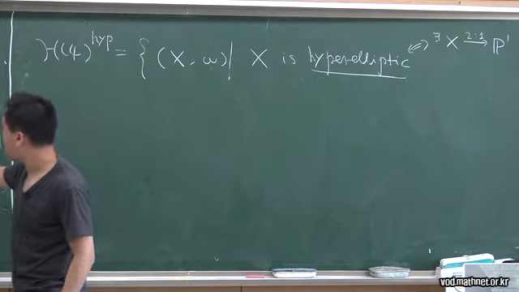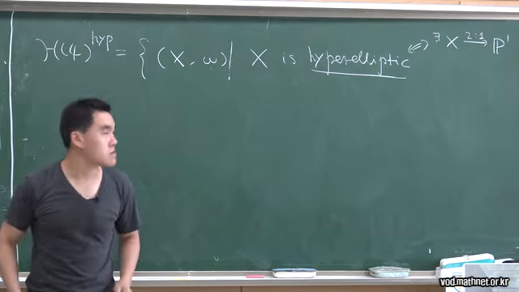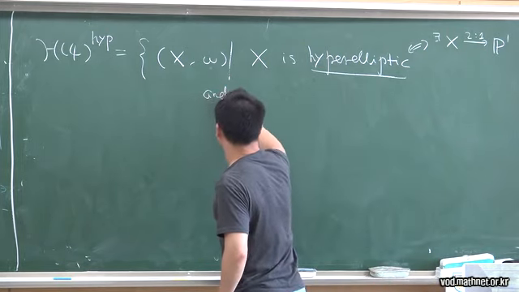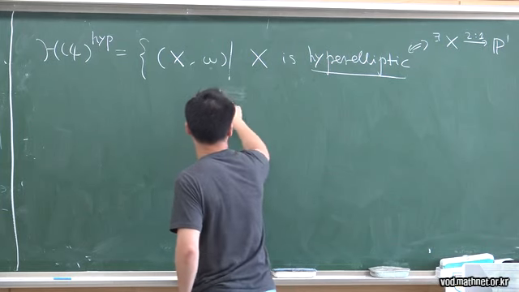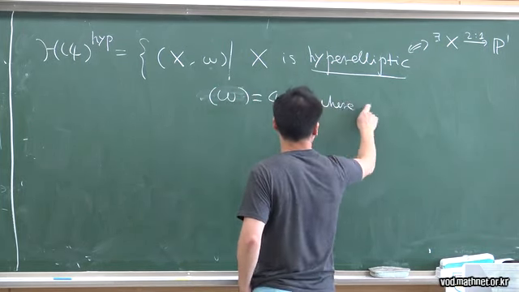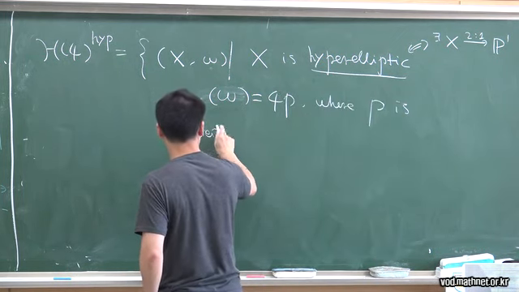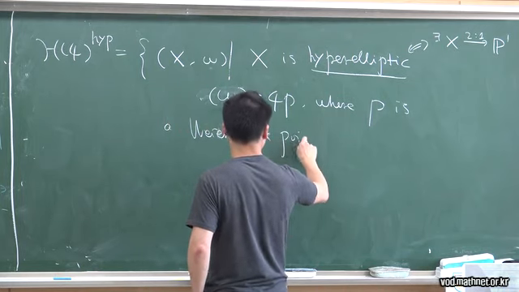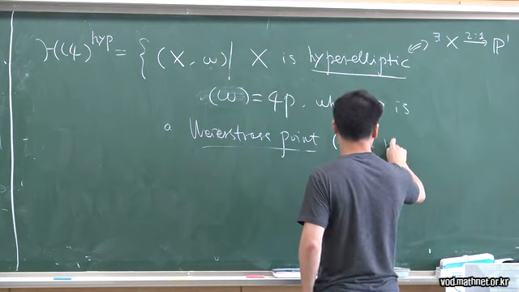In this case, I require this point P to be one of the Weierstrass points, that is, a ramification point of this double cover.